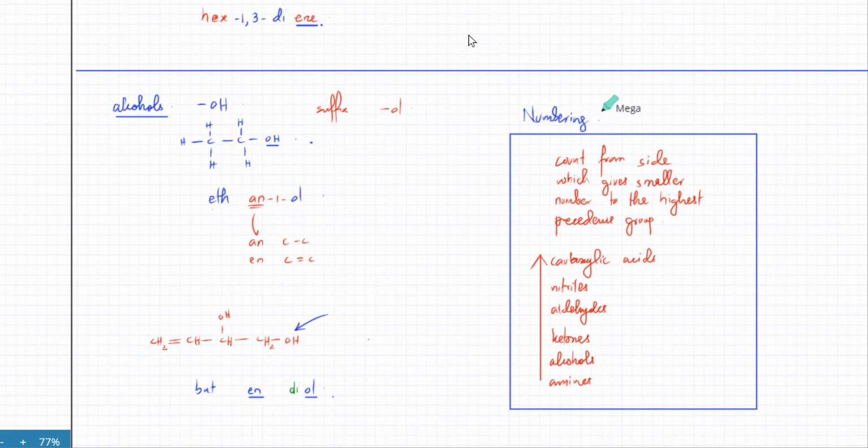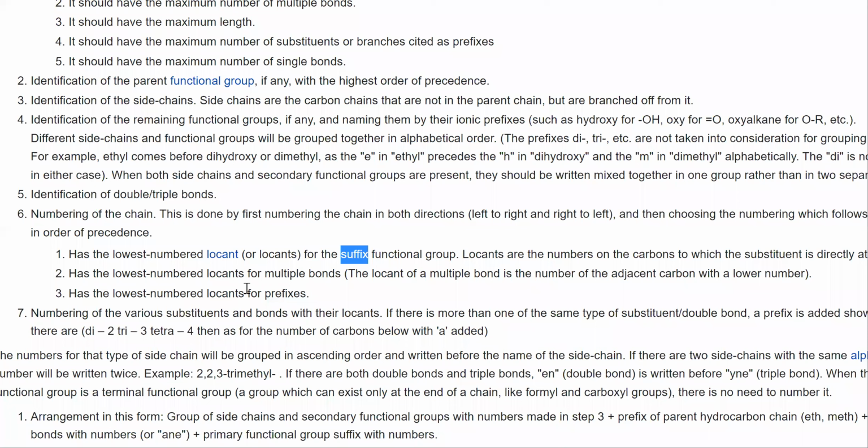Actually, if you go back to the rules of the nomenclature, you give the lowest number to the multiple bonds. That's a second priority. If you don't have any functional groups, then obviously you give the lowest number to the multiple bonds. If you have a double bond, then you give it the lowest number. But most of the time, there's going to be a functional group.